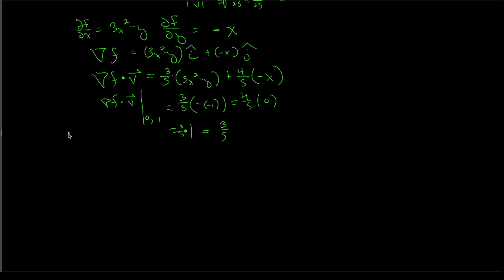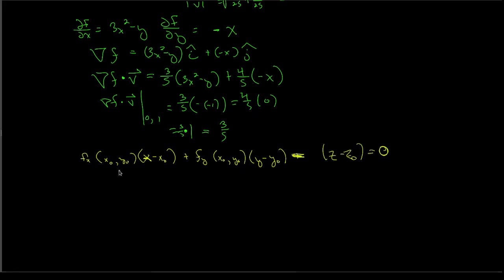What we want to look at then is our first derivative in x at our point in question times (x minus x naught), plus our first derivative in y at the point times (y minus y naught), minus (z minus z naught). And this gives us the value.